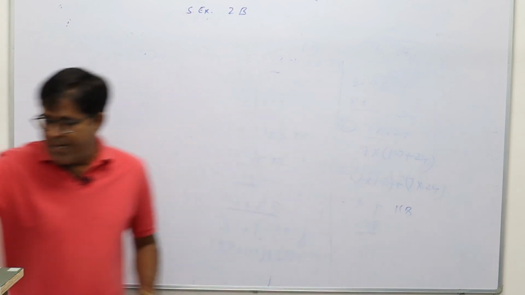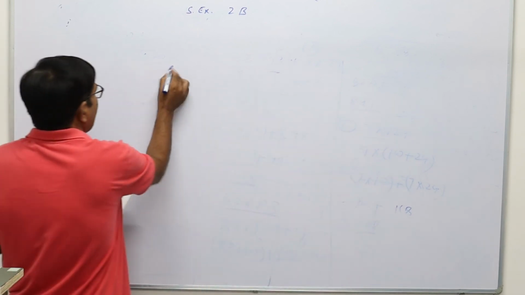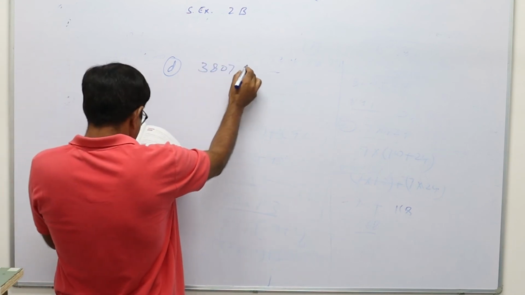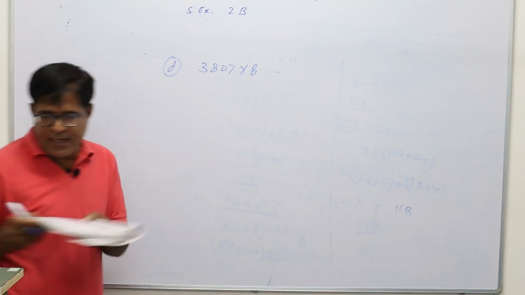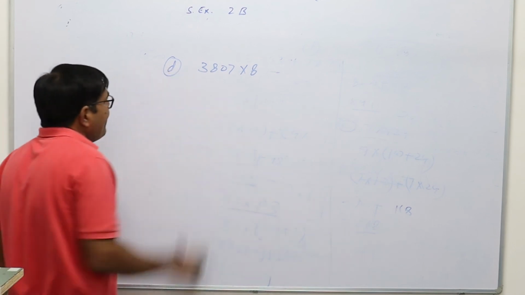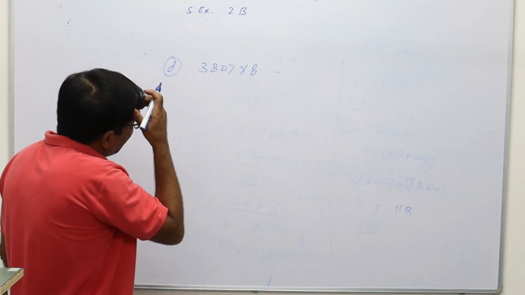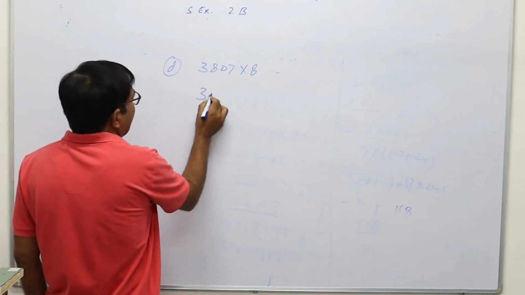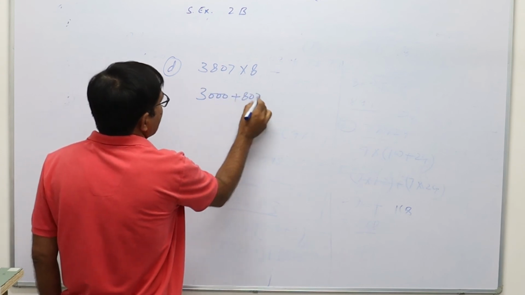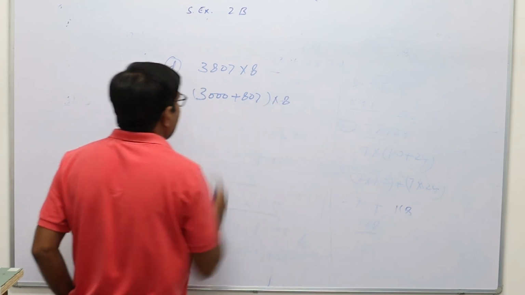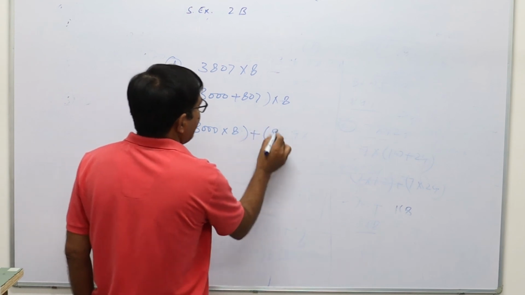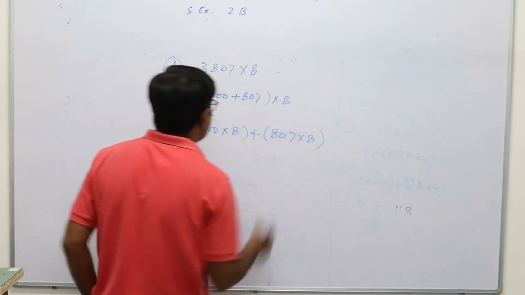Then next question, D, 3807 multiplied by 8. So for the simplest multiplication, how can we do it? 3000 plus 807. If multiplied by 8, then 3000 into 8 plus 807 into 8.